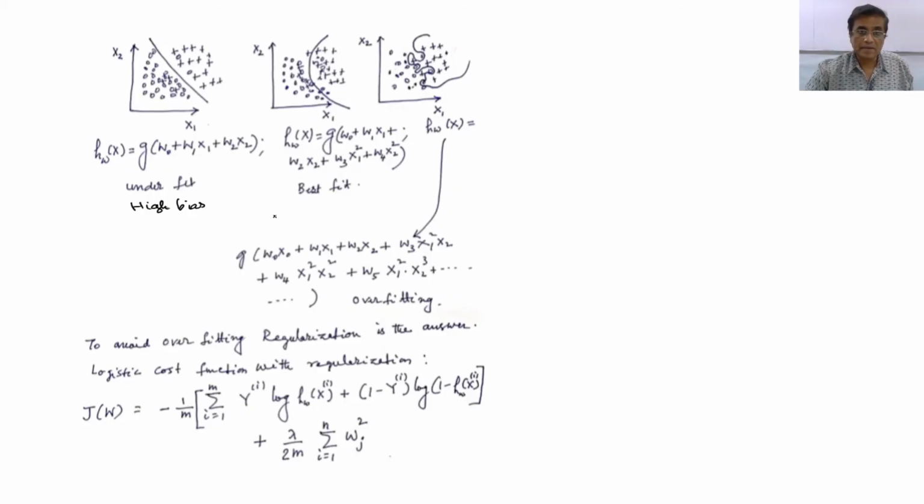This can happen when you have decided to design a very complicated, complex predictor, with a lot of terms and features, w0 x0 plus w1 x1 plus w2 x2, w3 x1 and all combinations, x1 square x2, x1 square x2 square, like that.